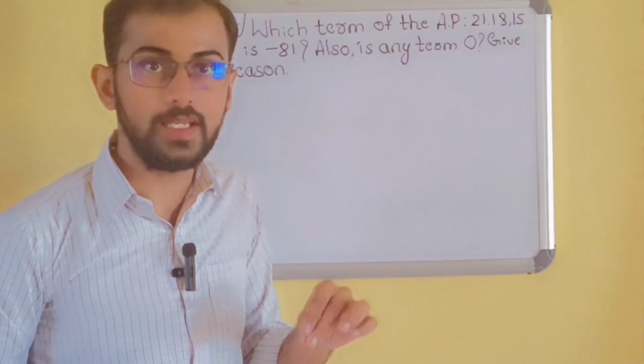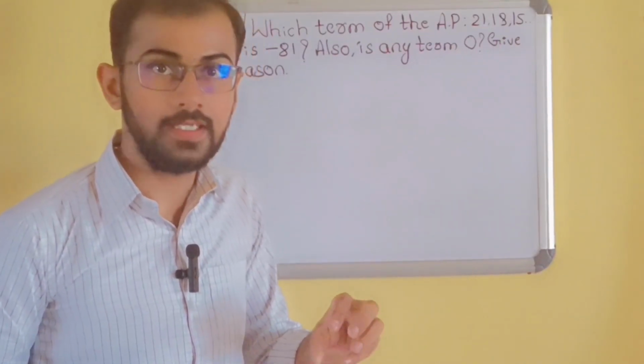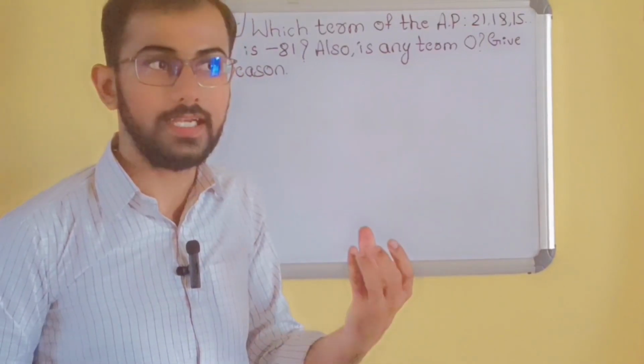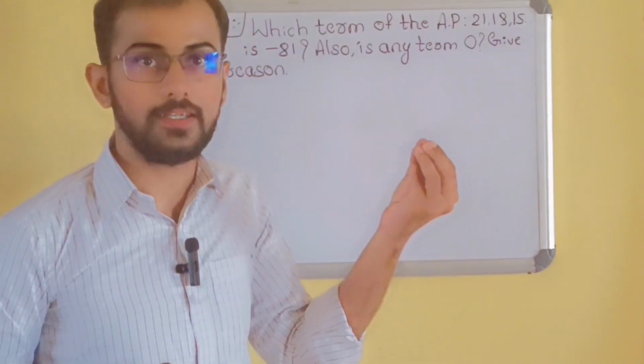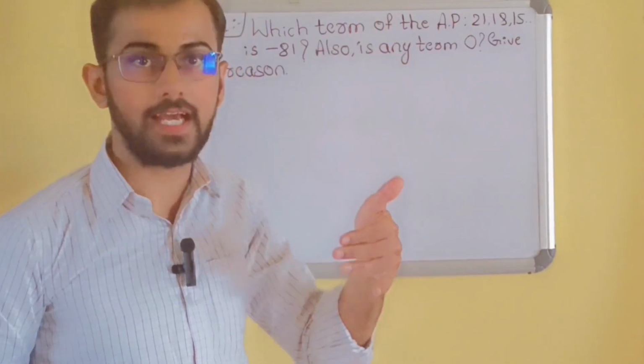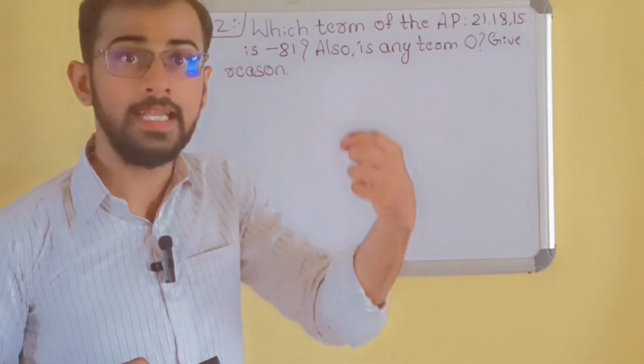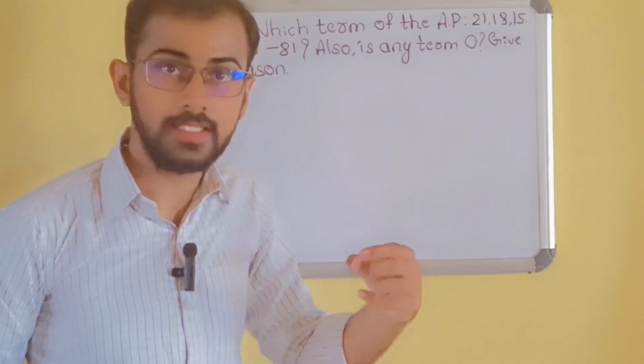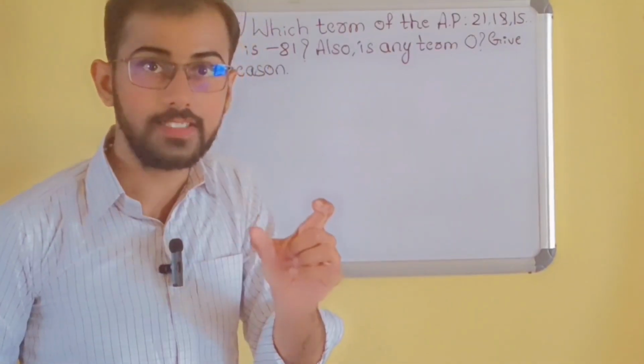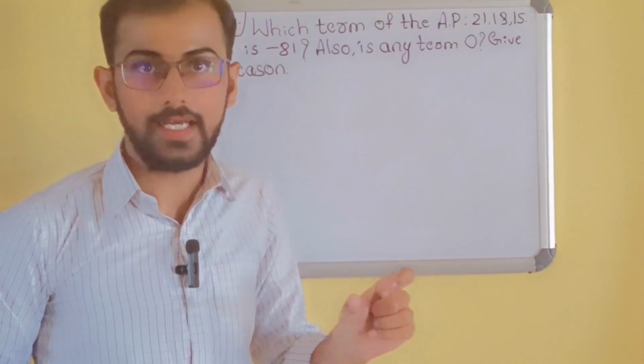We needed to calculate the 10th term from the given data, the first term and the common difference. In that question, the position was mentioned, and we needed to calculate the number.